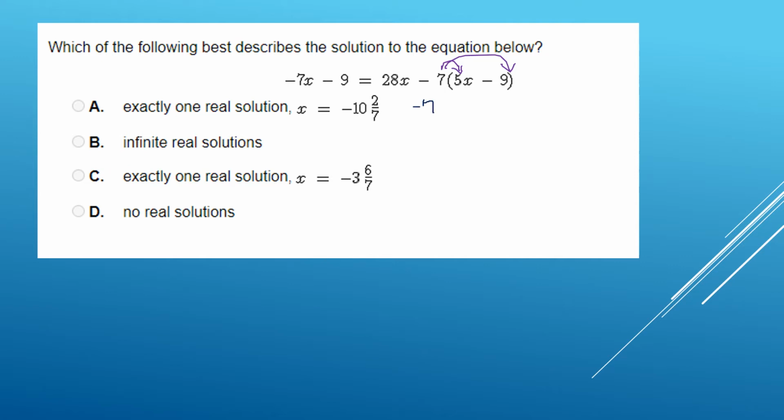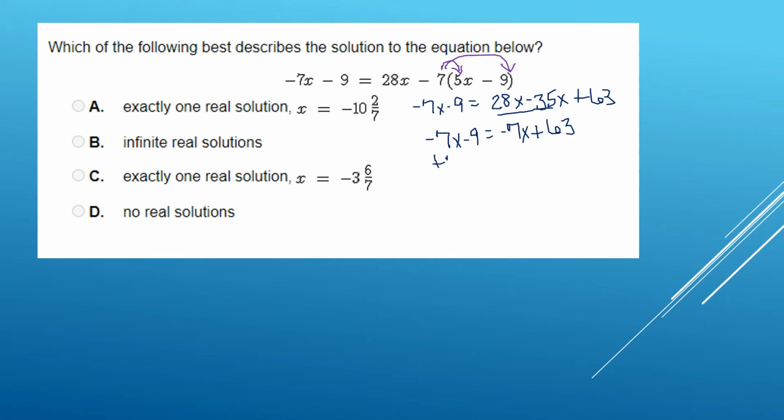Negative 7x minus 9 equals 28x. 7 times 5, that's 35x, and negative 7 times negative 9 is positive 63. So I'm going to combine like terms. So 28x minus 35x, that is negative 7x plus 63.